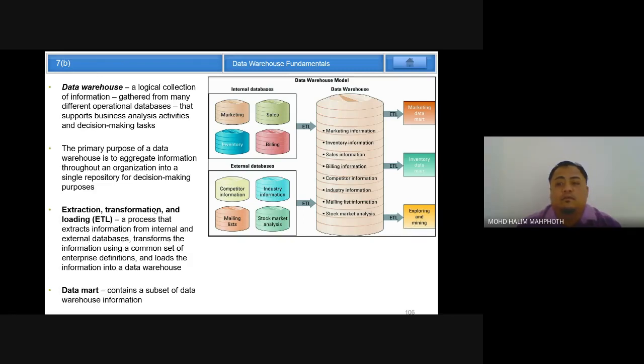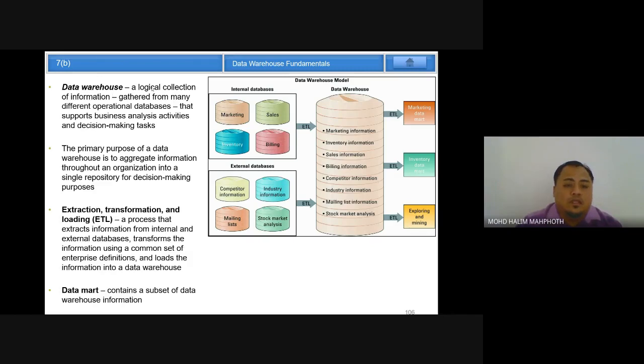This is one of the benefits, because we accumulate a number of databases into a single data warehouse. So when you want to access data, extract data, or interpret data, you only go to a single data warehouse.